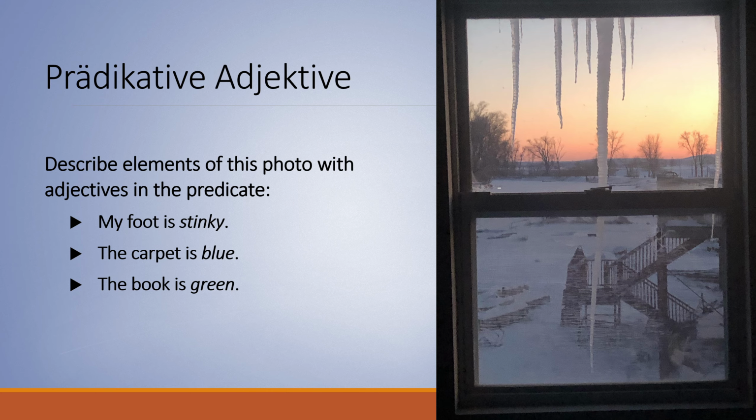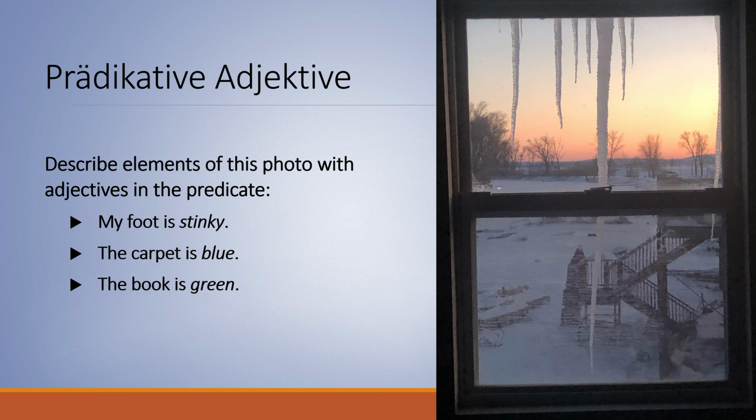Okay, so today we're going to talk a little bit about adjectives and how they function in German sentences, German grammar, stuff like that. Largely, if you've been using adjectives correctly, you've been using them as predicate adjectives. That is, adjectives that come after the verb, essentially.